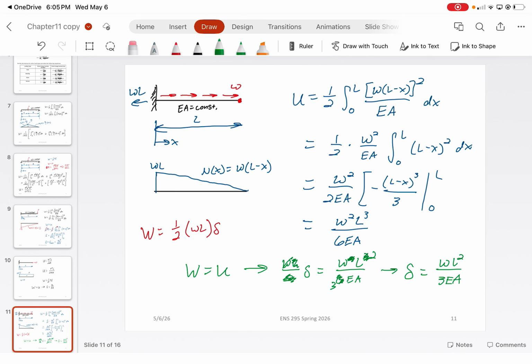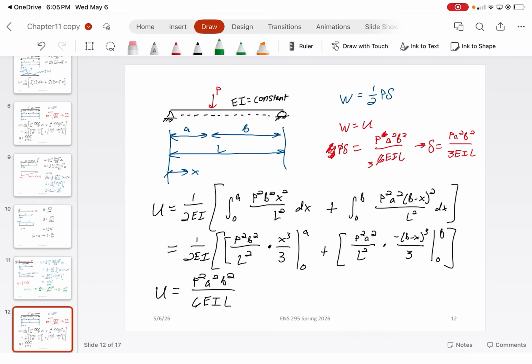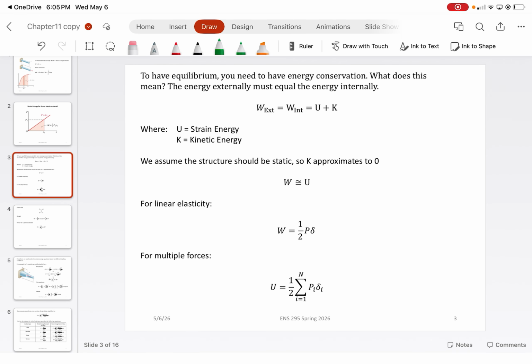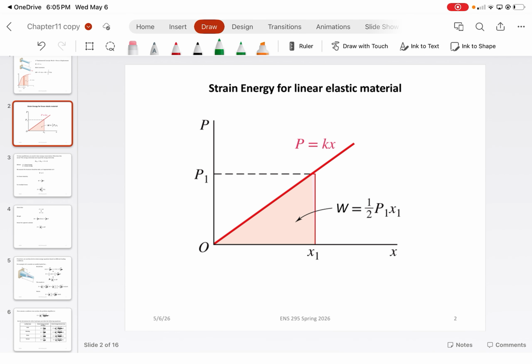Now, this problem is not just explicitly limited to 1/2 P times delta. I do want to make some adjustments now that I'm thinking about it really quickly. All right? In the same way that for linear elasticity, we have this force displacement curve, you guys would agree with me that for a given moment, for example, like at a fixed end, there's an associated rotation, right? That's, if you think about from chapter 9, compatibility, the rotation at a fixed end has to be 0, which means there's a given moment.